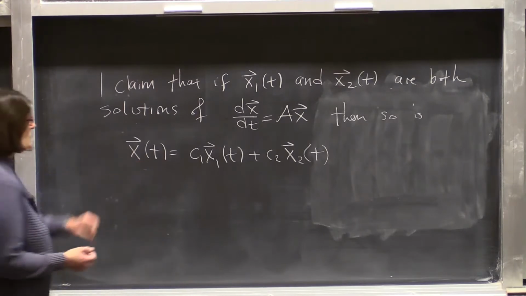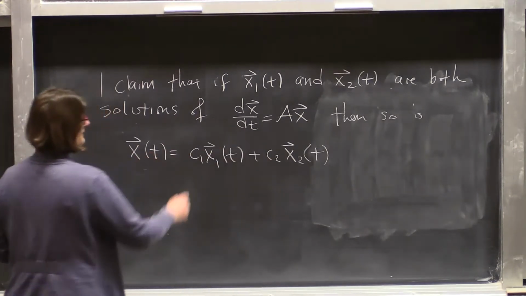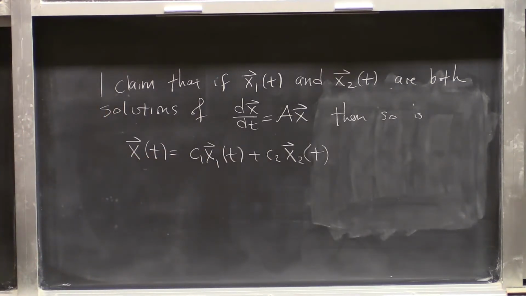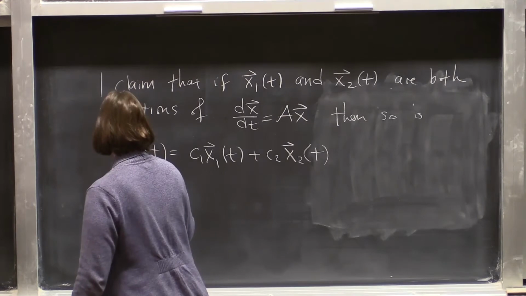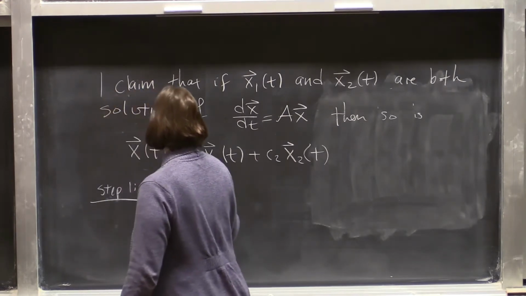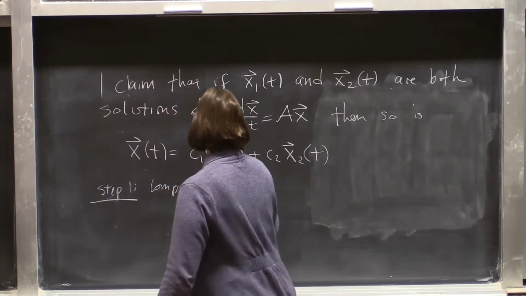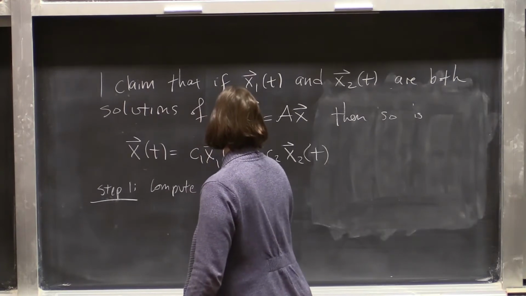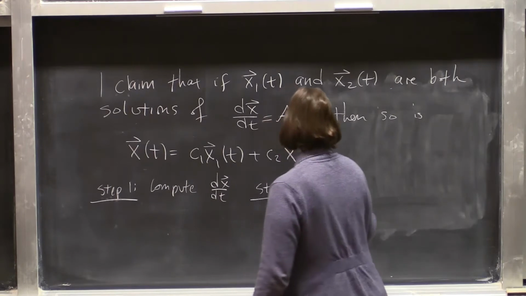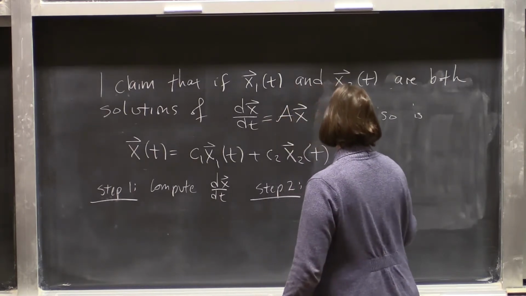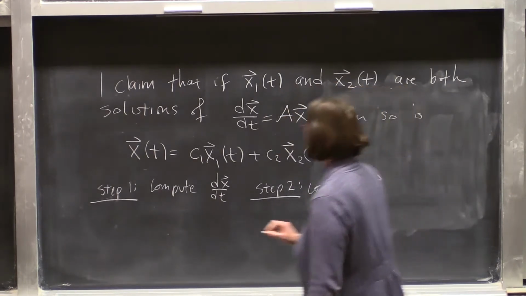So all I need to do is plug this into the left-hand side of the differential equation and plug it into the right-hand side. So step 1, compute dx/dt. Step 2, compute A times x.